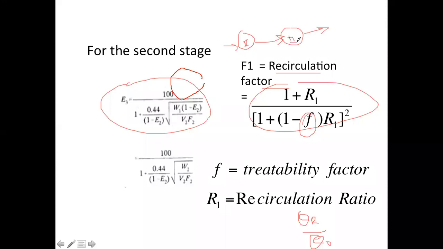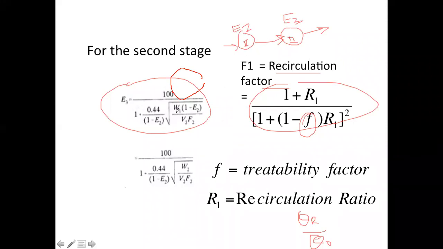The efficiency of the first stage can be calculated from the previous equation, written as E2 there, and the efficiency of this one will be E3. This efficiency E3 can be calculated for the wastewater which is coming out from this first stage trickling filter.